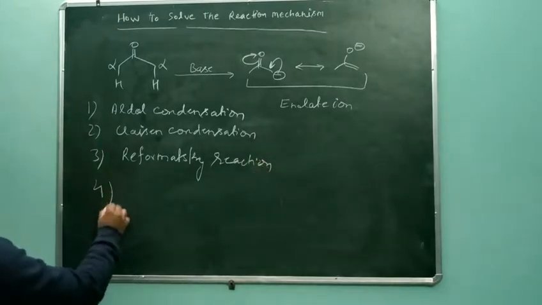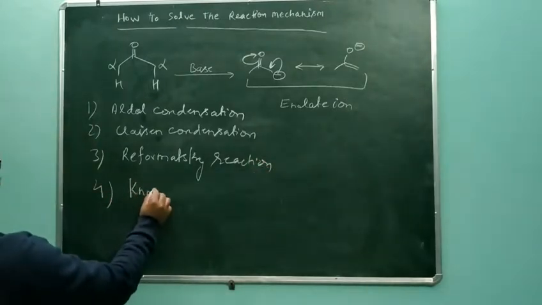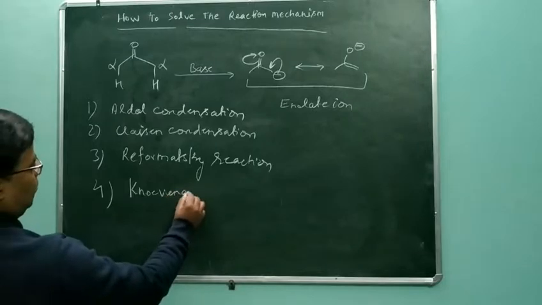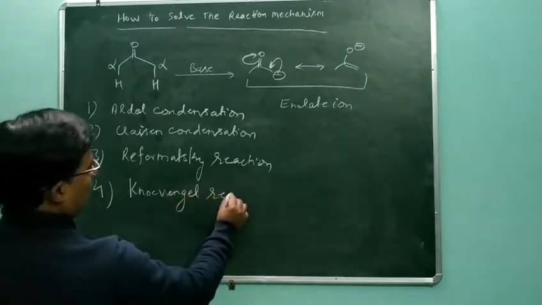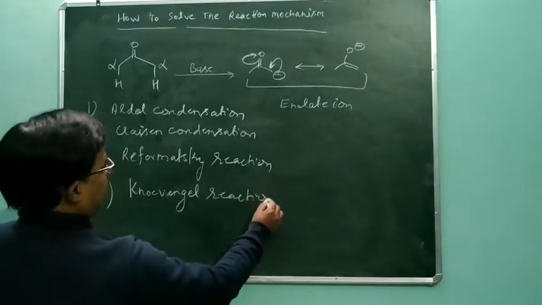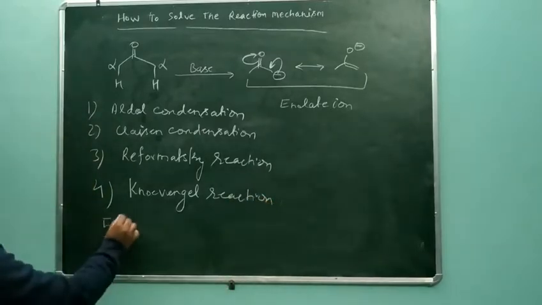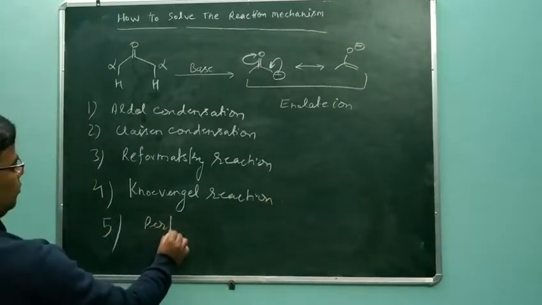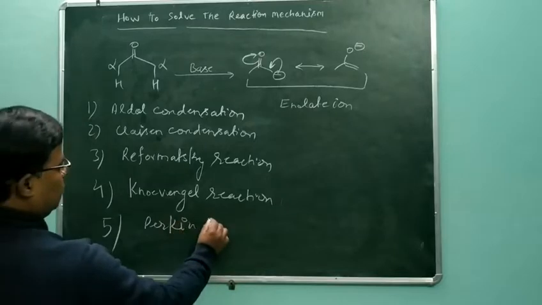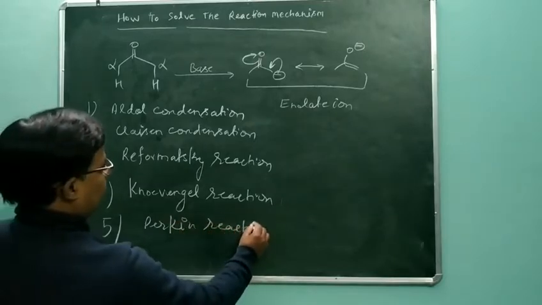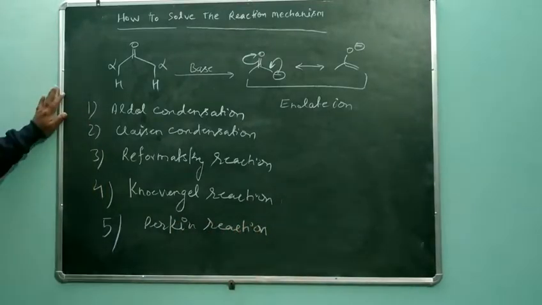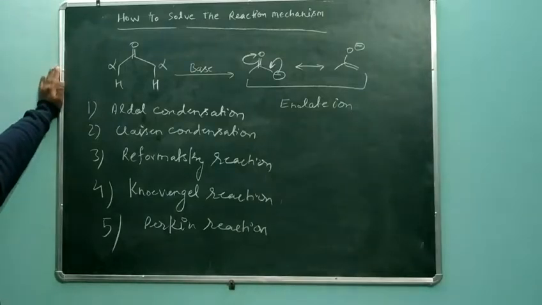Fourth is Knoevenagel reaction. Fifth, Perkin reaction. All these reactions involve enolate ion, and I will discuss here only aldol condensation.